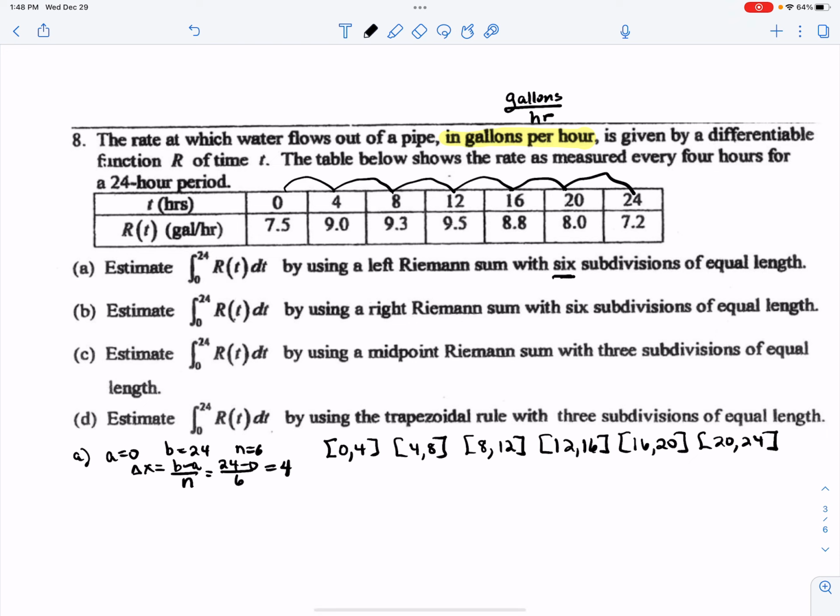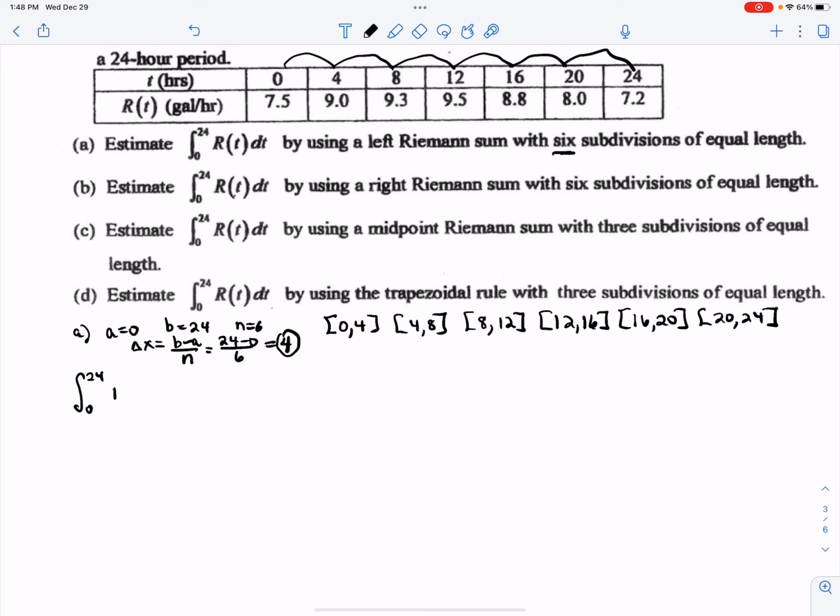Now, if we use left Riemann sum, and notice delta x is the same, so I could factor out the 4, I could write that the definite integral from 0 to 24 of R of t dt is about equal to 4 times, that's our delta x, times the heights on the left. Okay, so what are the heights on the left?